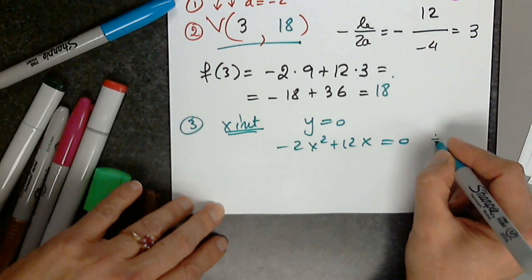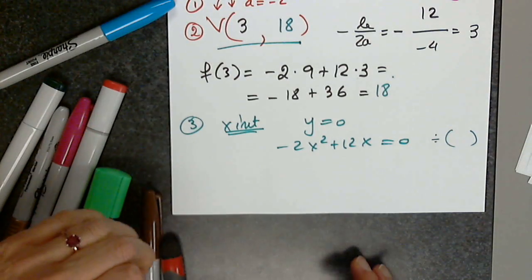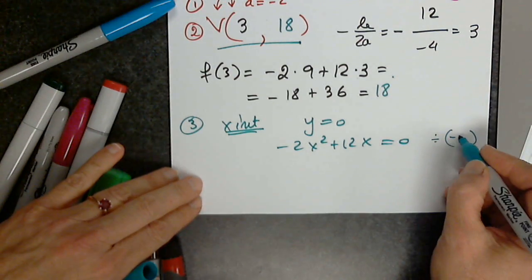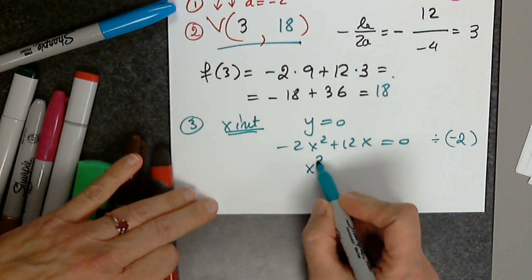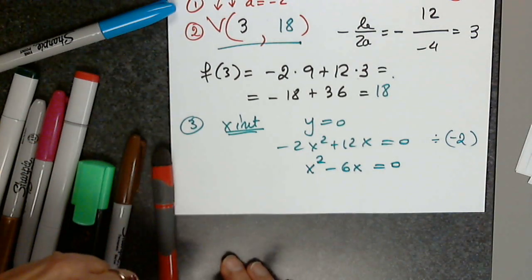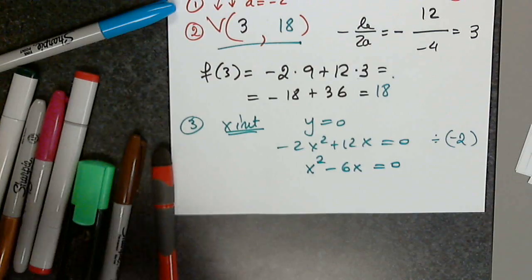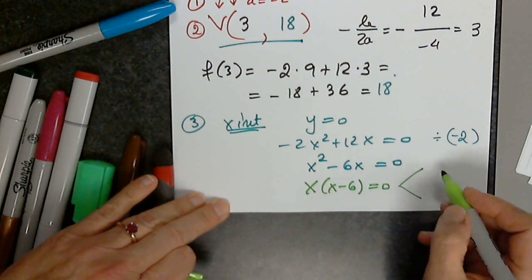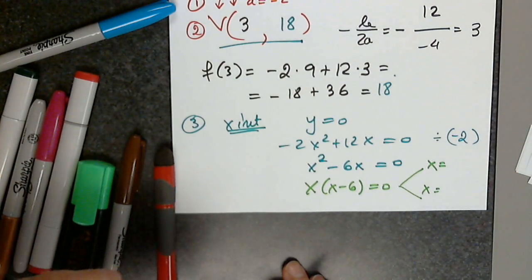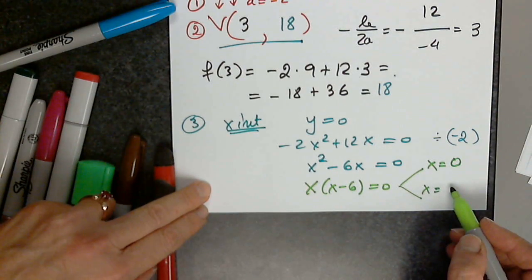I will simplify by dividing both sides by negative 2. Very good. So this is x squared minus 6x equals 0. We know we're not allowed to divide by x, and we didn't. But now I have to factor out x, and I have x minus 6. And I have two options, x equals 0 and x minus 6 equals 0.